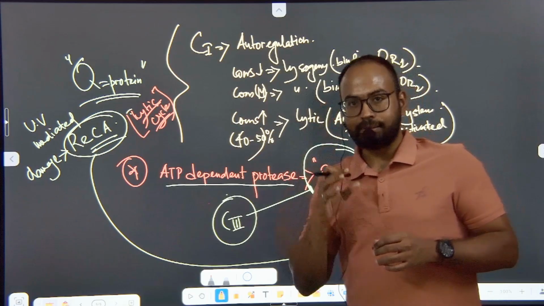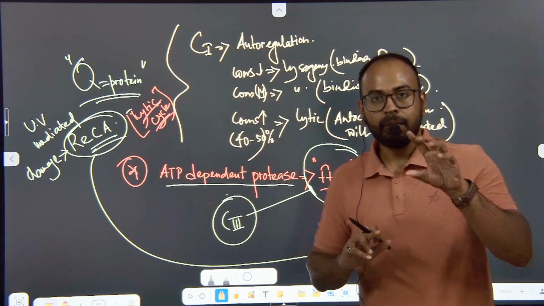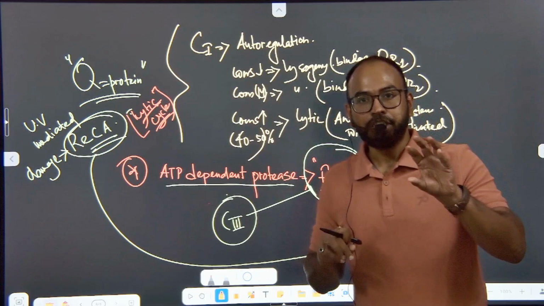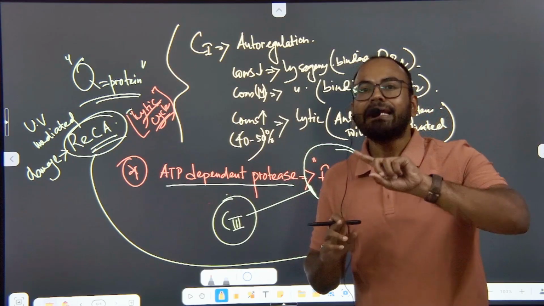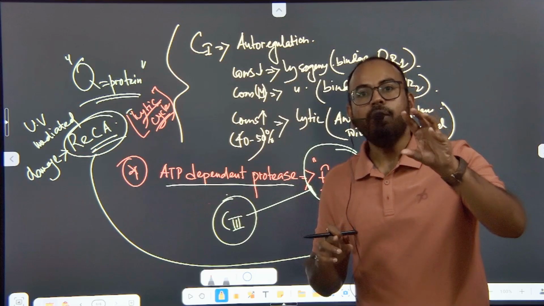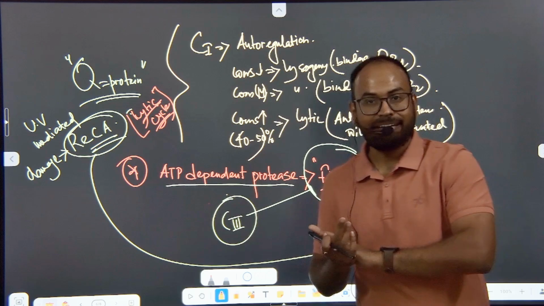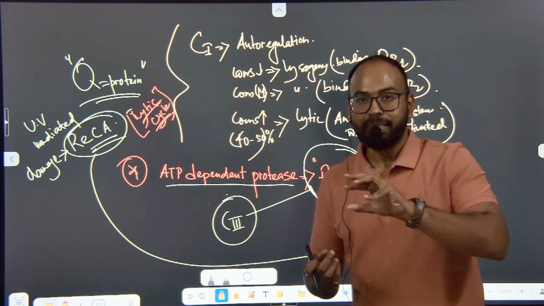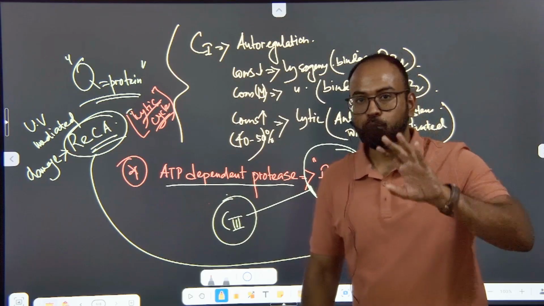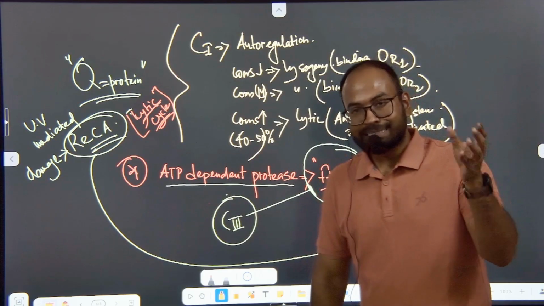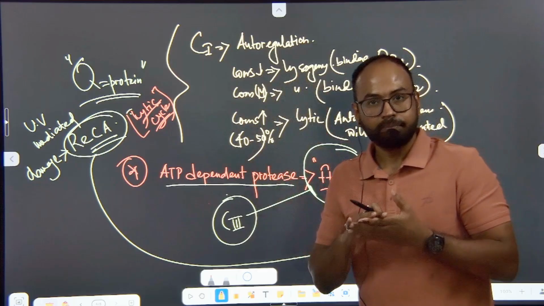So the key points are from where the question can appear. What are the environmental conditions for lytic and lysogeny first? When lytic is activated, how does the binding of Cro protein with OR3 take place? Means the structural detailing of the protein. Third, how C1 is regulated.